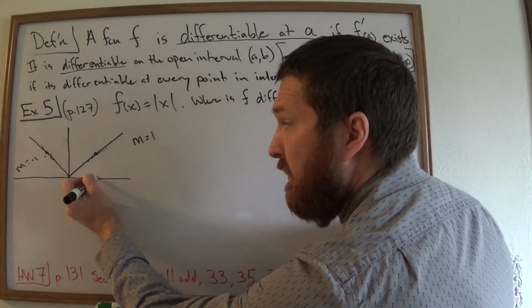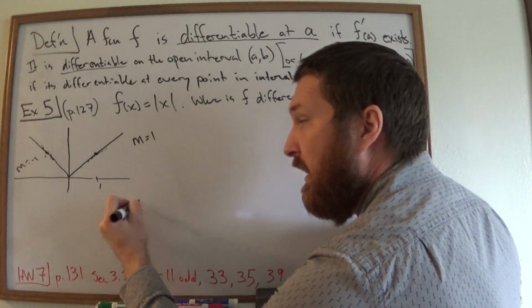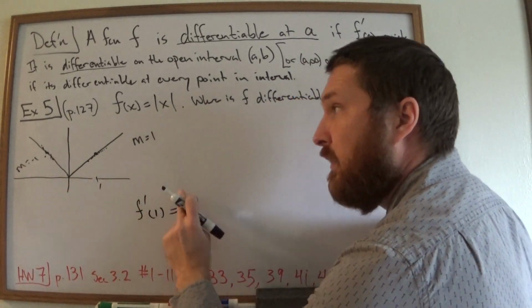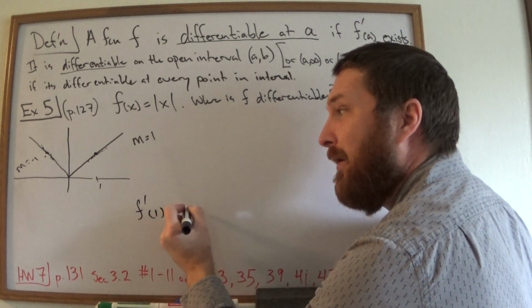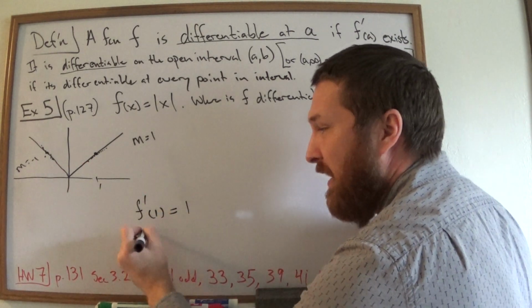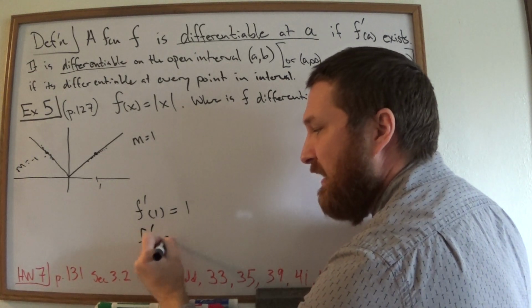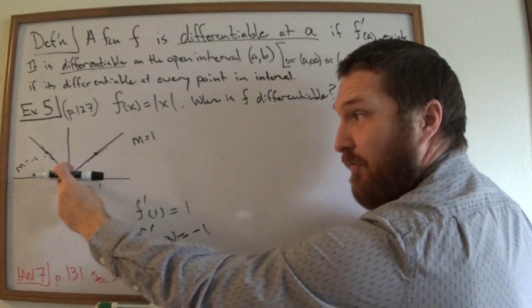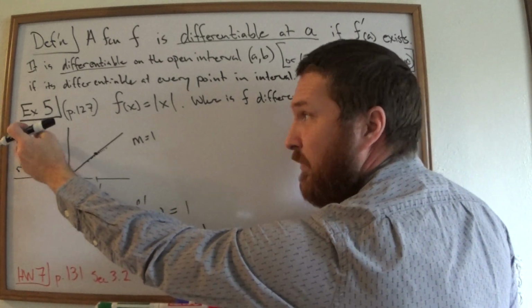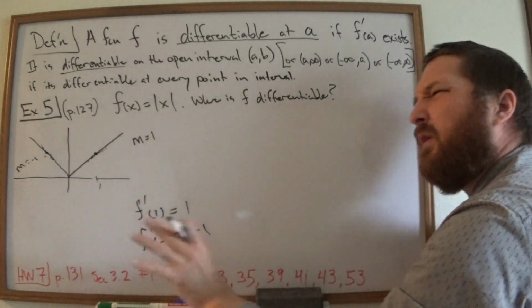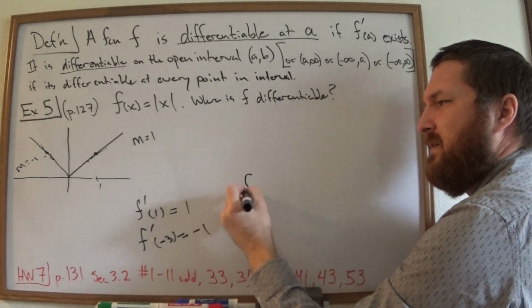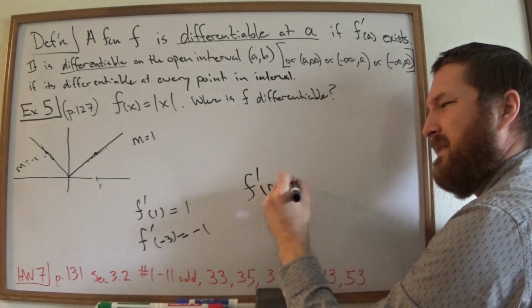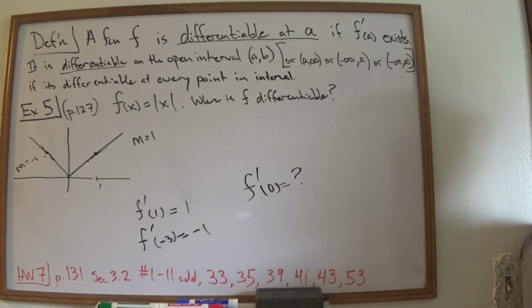For instance, let's say we're at a equals 1. f prime of 1 would be what? What is the slope right there? It's 1. f prime of, say, negative 3 would be negative 1, because we're over here; the slope up here would be negative 1. So the only real problem we're having is: what is f prime of 0? What the heck is that?